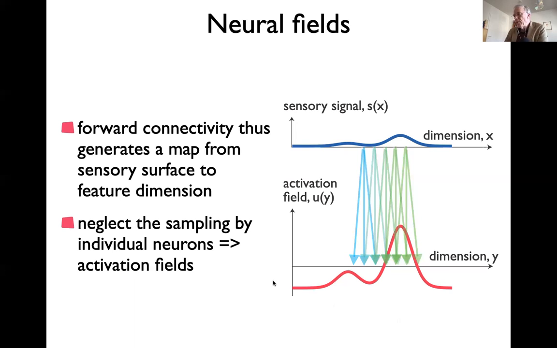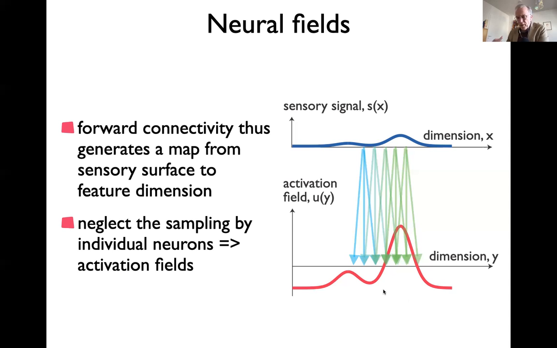So in field theory, what we do is we neglect the discrete sampling of either space, of the sensory space, and of that field dimension by discrete neurons. There are different historical perspectives on that. So neural fields actually were used as a mathematical approximation of cortical dynamics based on anatomical arguments.